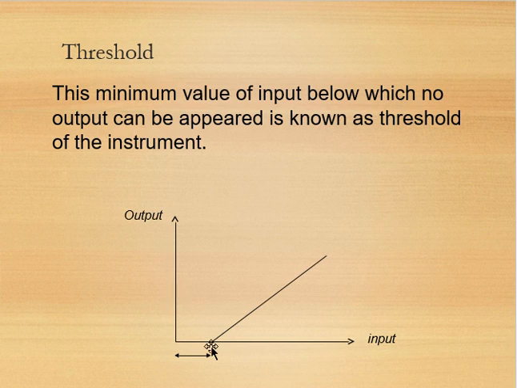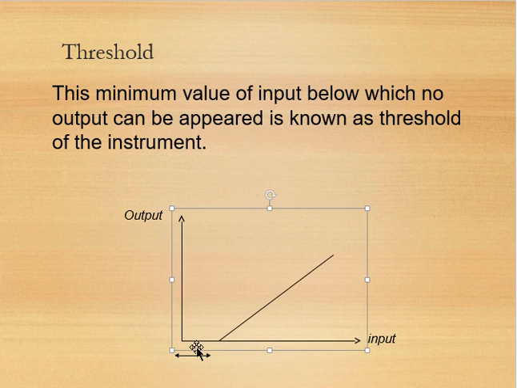Suppose this is the x-axis, which is representing the input of the system or instrument, and this is the y-axis, which is representing the output of the instrument or system. We are starting from 0 in the axis, towards the right side, suppose.